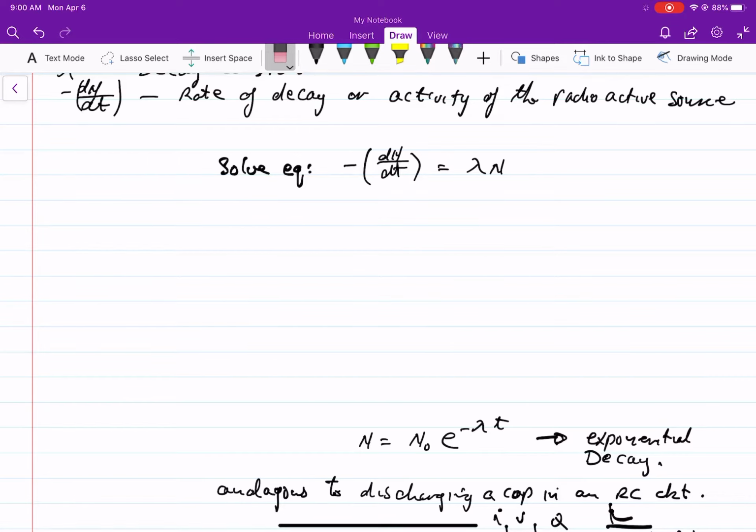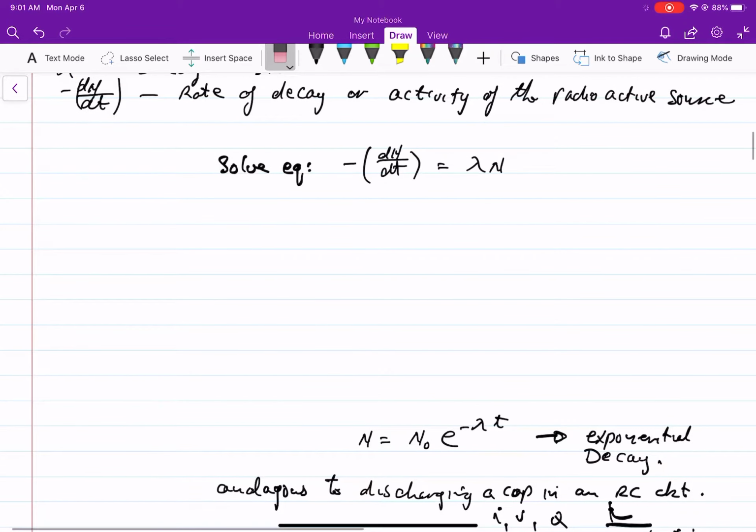I can separate the variables. If I do that, I get minus 1 upon N times dN is equal to lambda times dt. Just throw across the dt, bring across the N, and multiply both sides by a negative to put the negative on the other side.